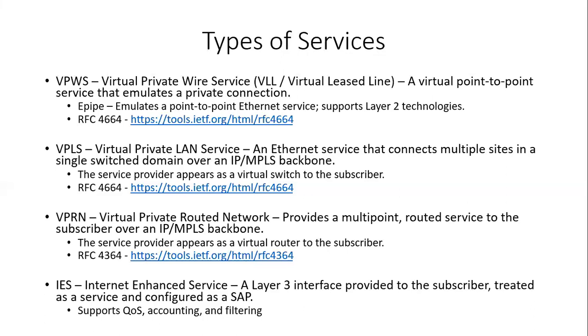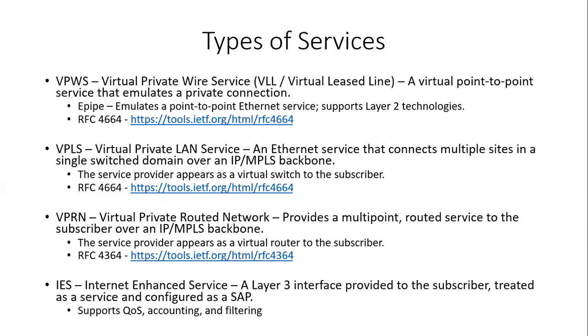And for layer 3 VPNs, we have a VPRN, or Virtual Private Routed Network. And this provides a multi-point routed service to the subscriber over an IP MPLS backbone. The service provider appears as a virtual router to the subscriber.